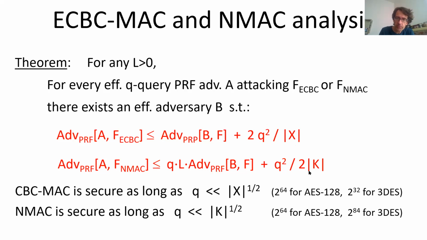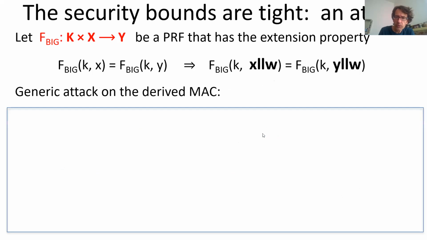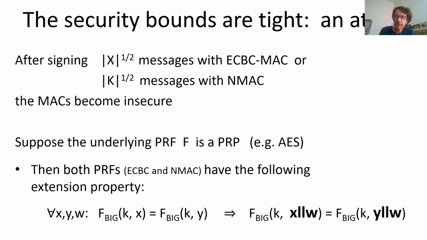But can you improve these bounds? Perhaps this is an event that helps the attacker, but you have bounded it liberally, and you can make these bounds tighter. So no, the bounds are exact.